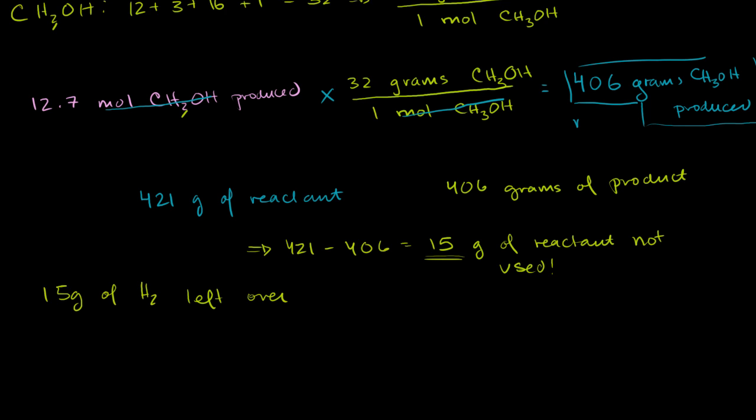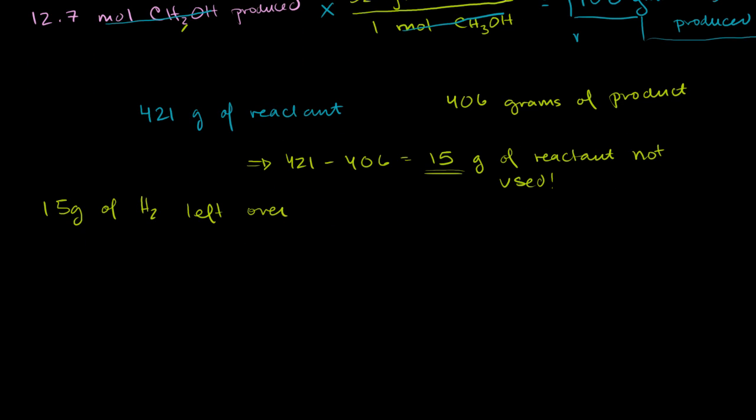Let's do that. I just want to make sure you understand. So we are starting off with 12.7 moles of carbon monoxide, and we know that 2 moles of hydrogen are required for every 1 mole of CO, carbon monoxide.